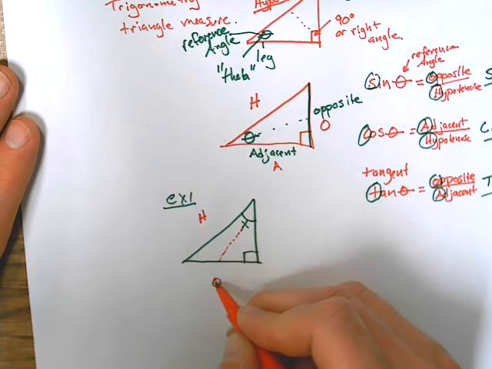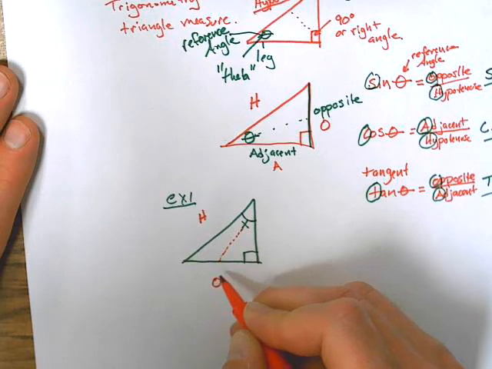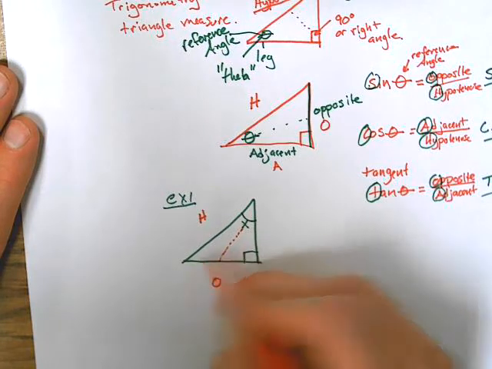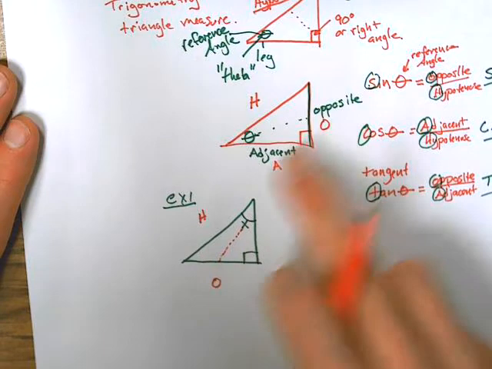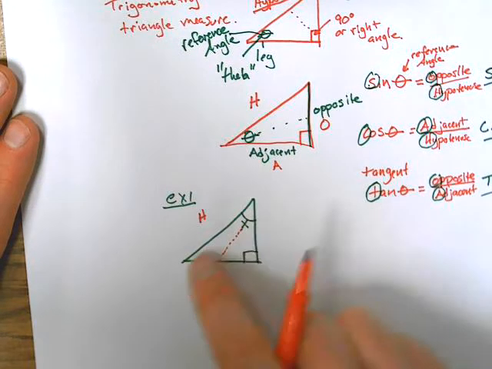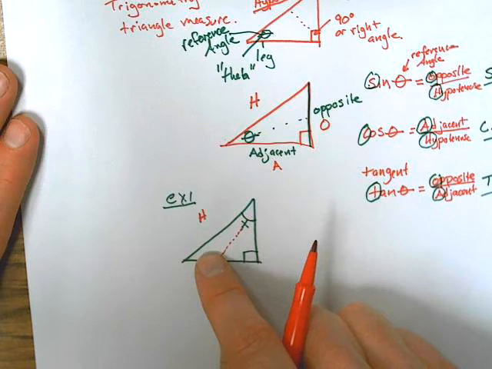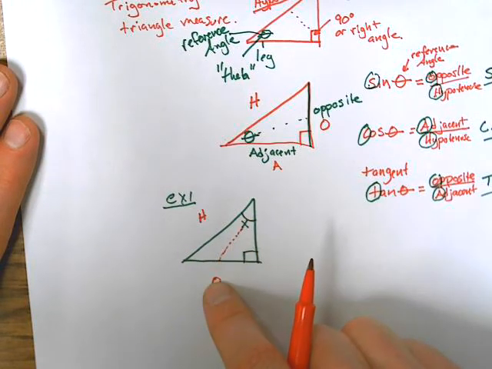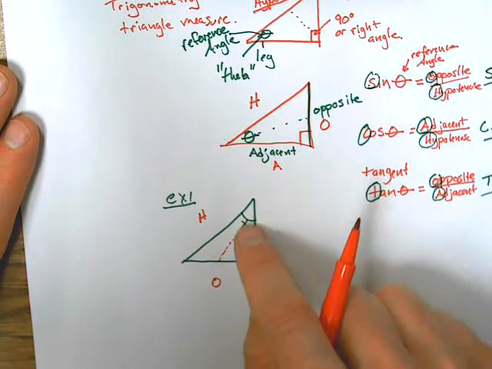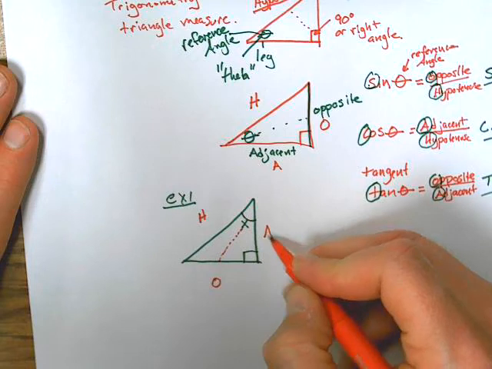This is going to be my O. The adjacent and the opposite sides can flip-flop depending on which of the two acute angles you're using as your reference angle. So since I'm using this, opposite side is over here. That means the adjacent side next to that angle is over here. That would be my A.